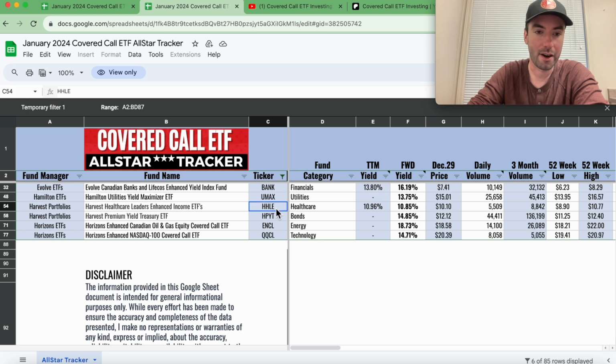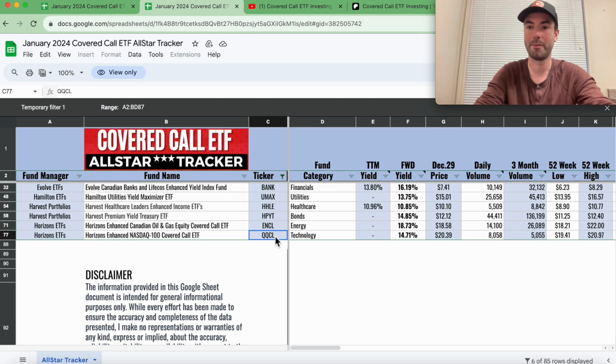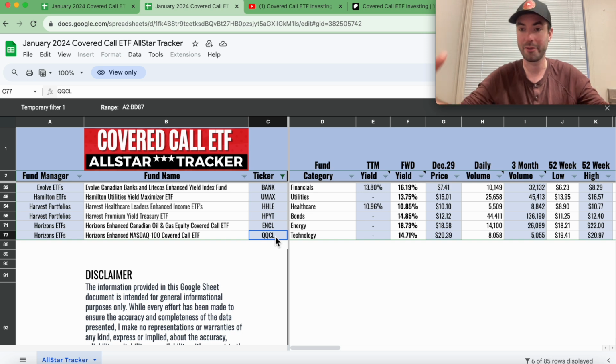HHL, again, is a leverage version of healthcare. HPYT, that's going to be your bonds. ENCL, energy, leverage version, and QQCL is going to cover technology. So I think we got a decent mix of some of the bigger sectors that are out there, the more important sectors, of course, to industry, civilization.